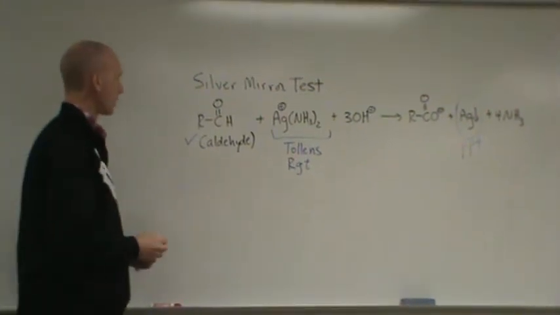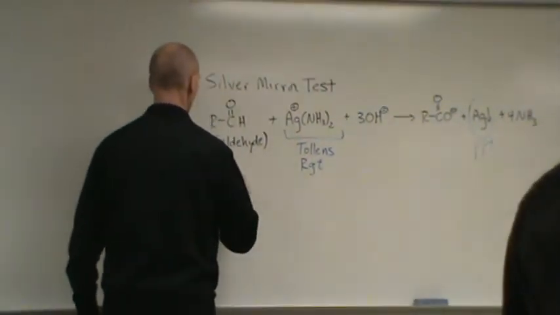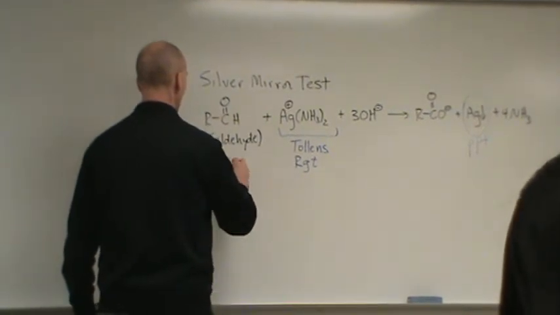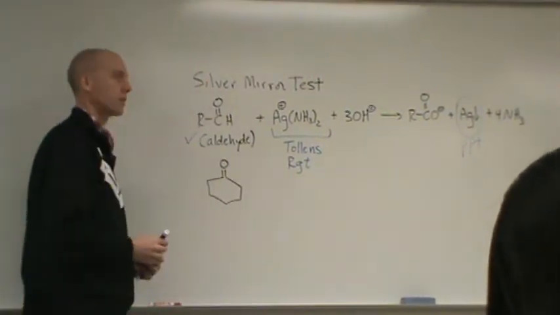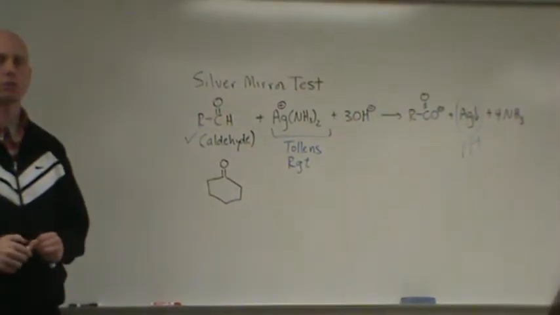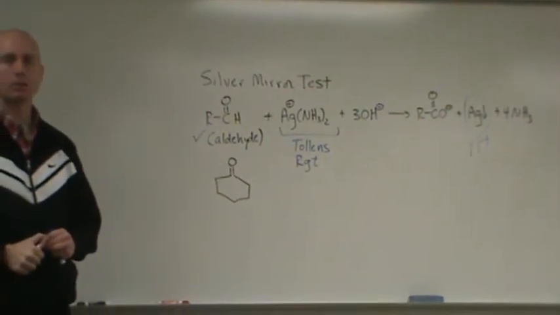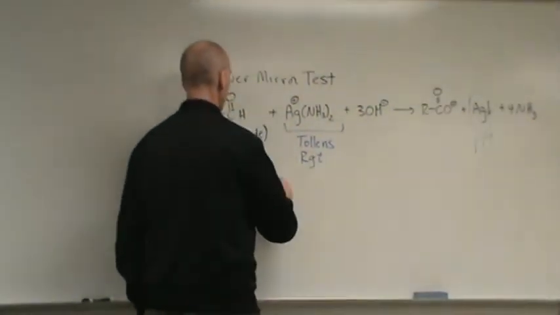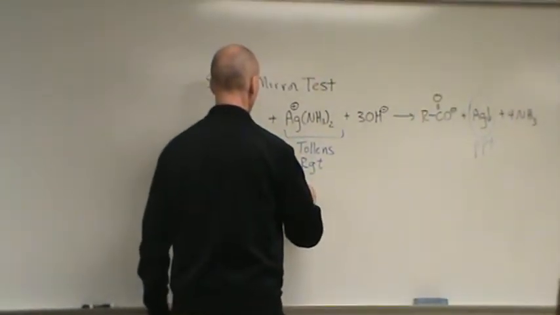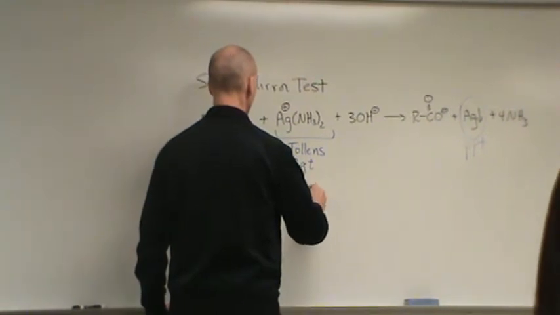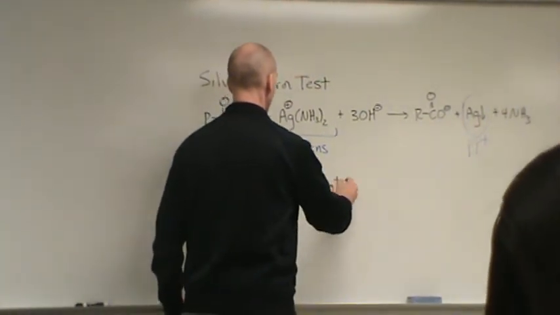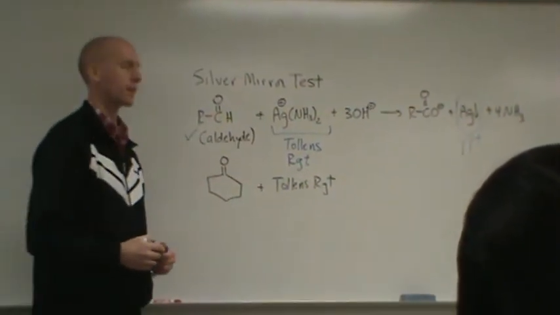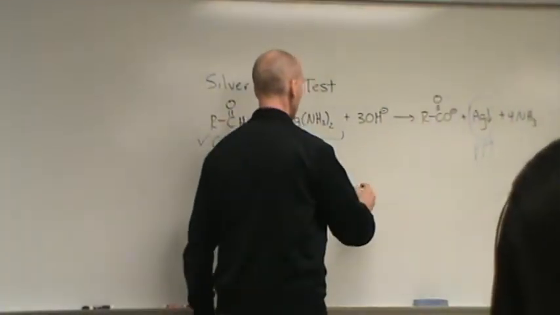So for example, if you had this molecule here, cyclohexanone, is that an aldehyde? No, it's a ketone. So if I reacted it with the Tollens reagent, what do you think would happen? Nothing. No reaction.